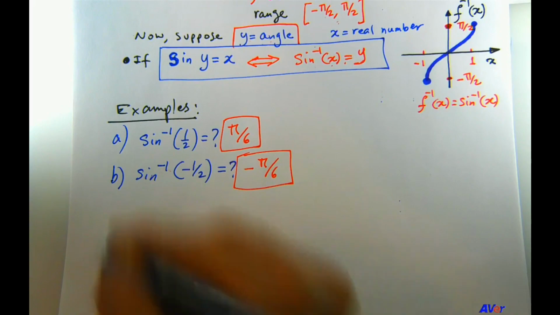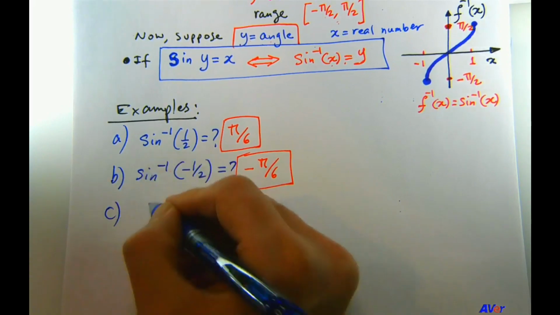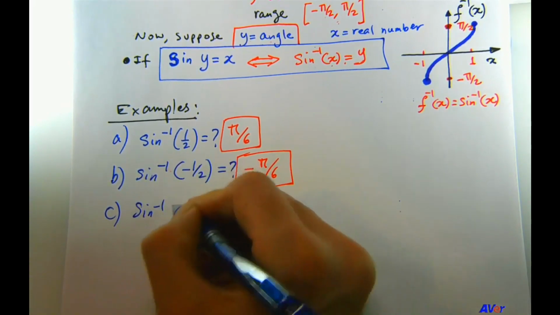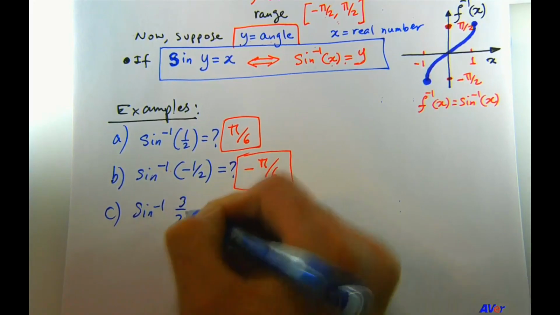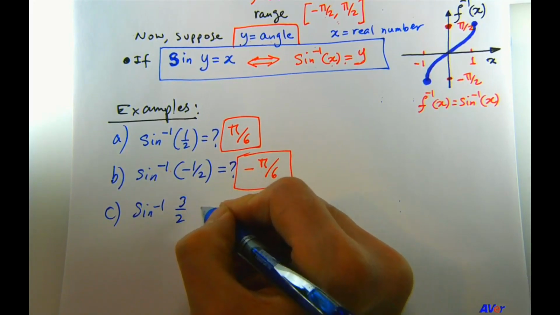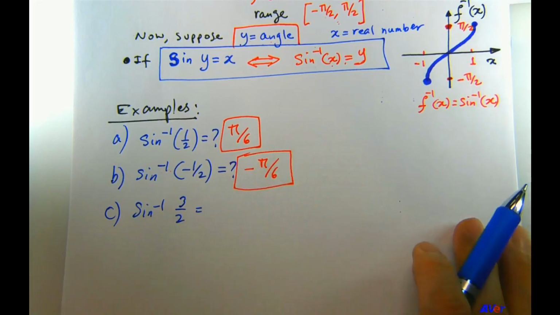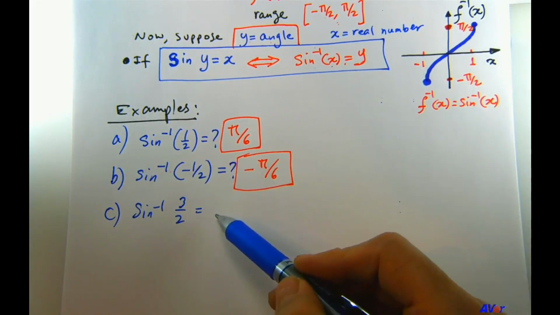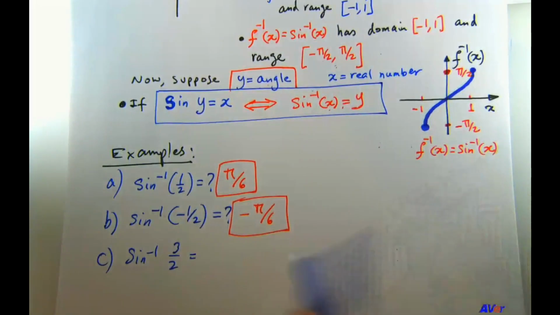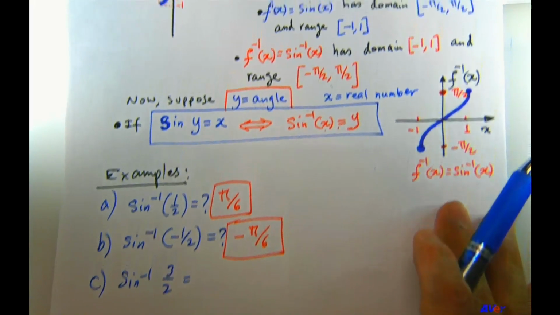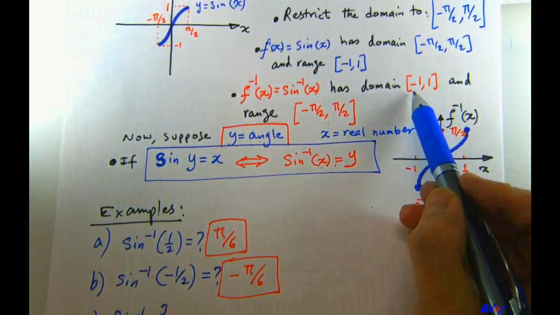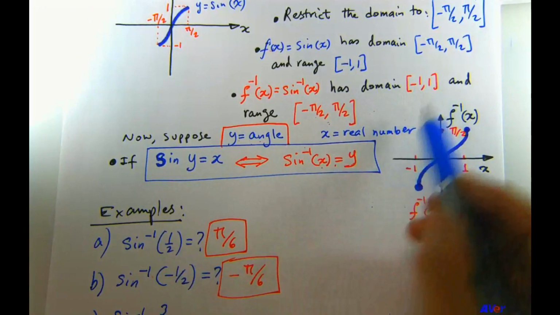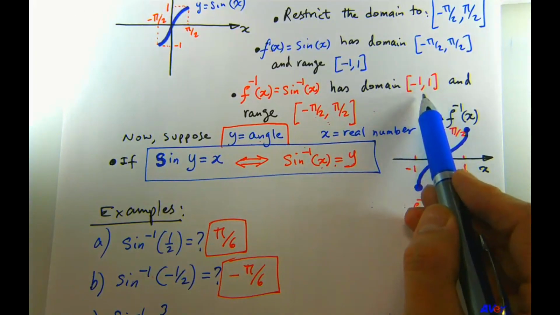Okay, so part C, the inverse sine of 3/2. This is an angle whose sine should be 1.5, or 3/2. Look at this. The x values cannot be out of this range.